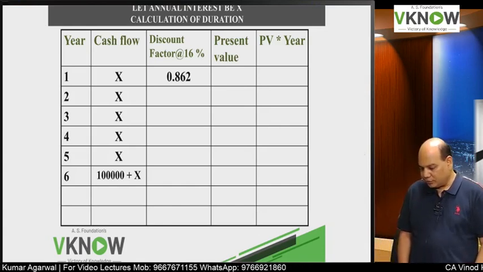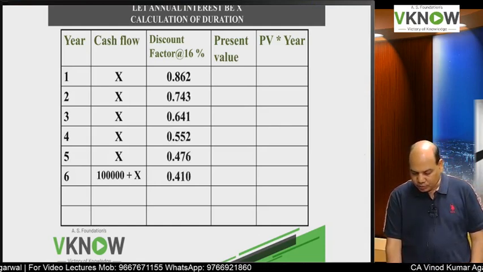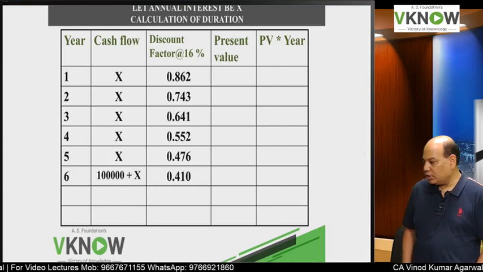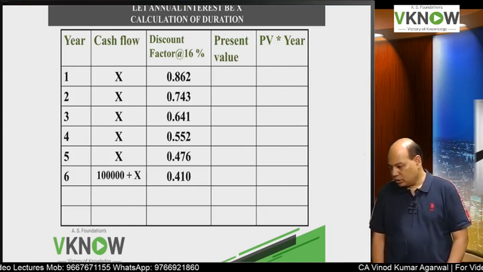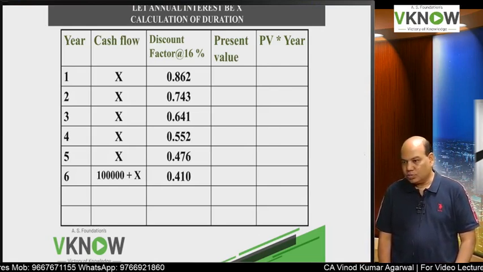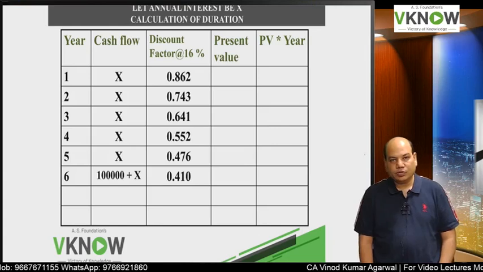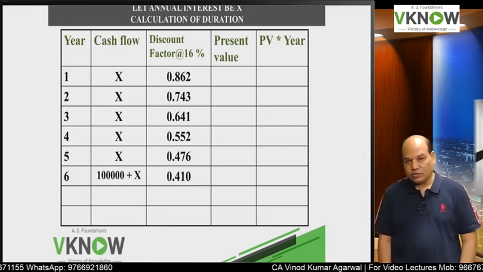The discounting factor at 16%, 1 divided by 1.16: 0.862, 0.743, 0.641, 0.552, 0.476, 0.410.